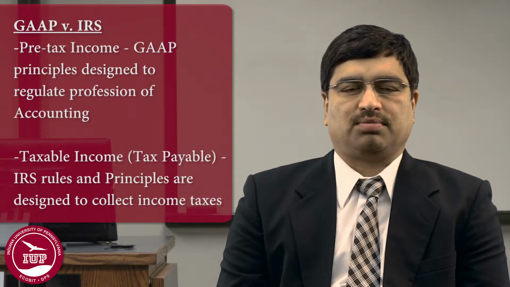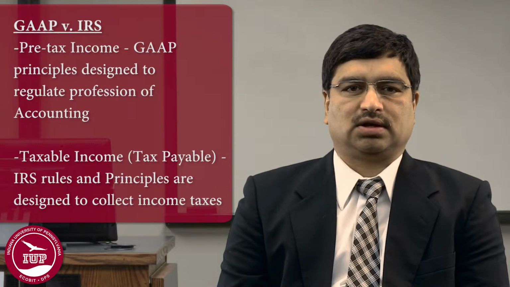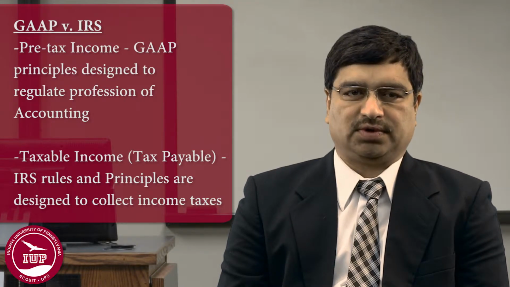Today we'll be talking about deferred income taxes, how to account for those deferred income taxes. Now, deferred income taxes arise because the measurement of income under GAAP rules and the IRS rules is different.